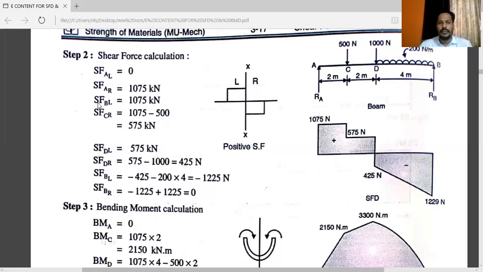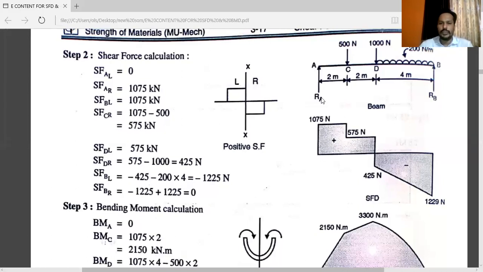At point C, 575 and minus 425. At point B, minus 1225 Newton and 0. Now you have to draw the line from 0 to 1075.